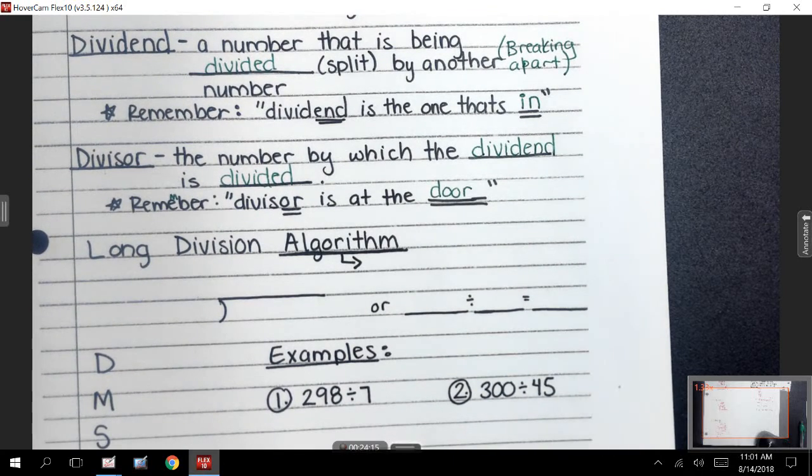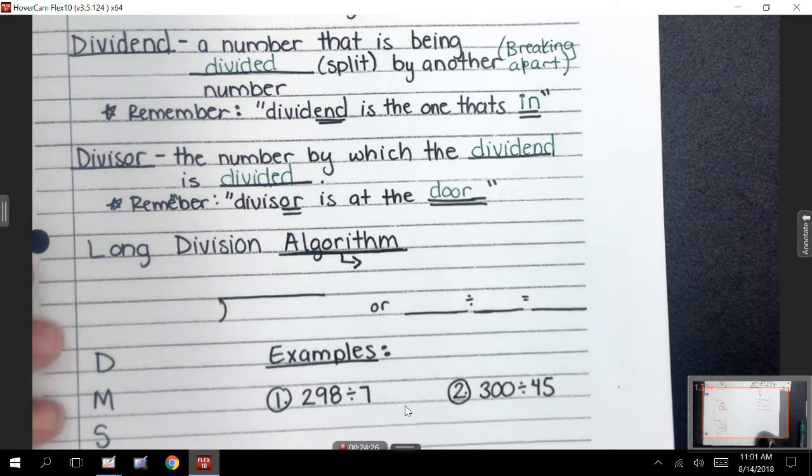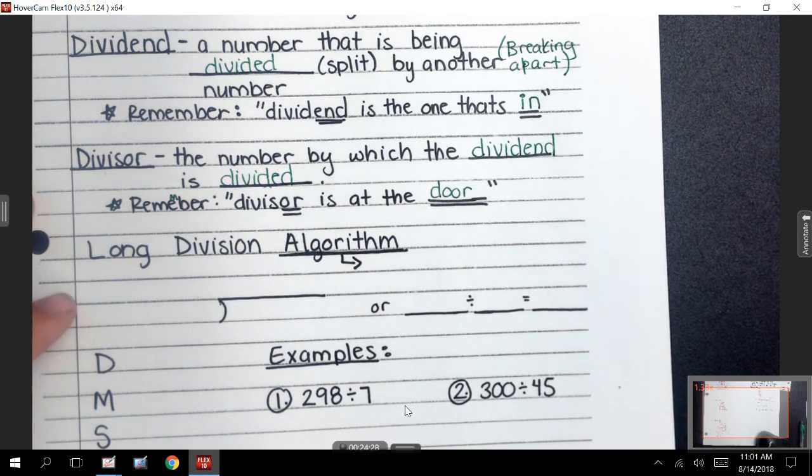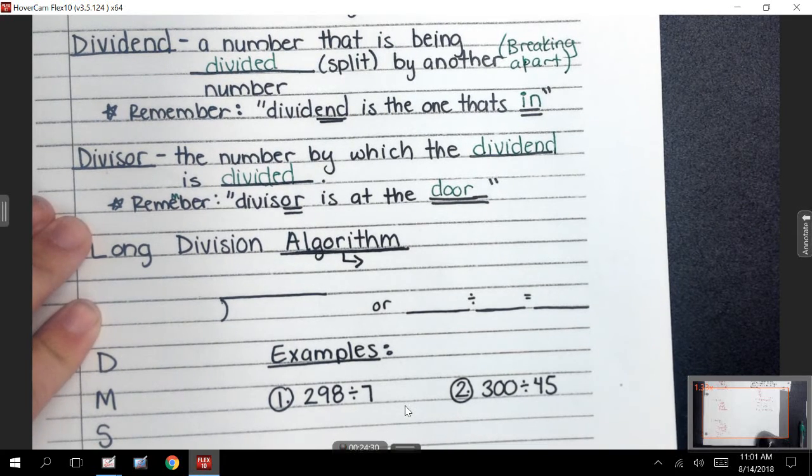All right, so let's talk about the long division algorithm. We talked about algorithm a little bit yesterday. What does the word algorithm mean? What's special about an algorithm? Okay, so you're on the track.